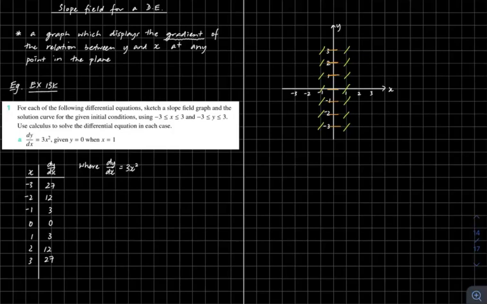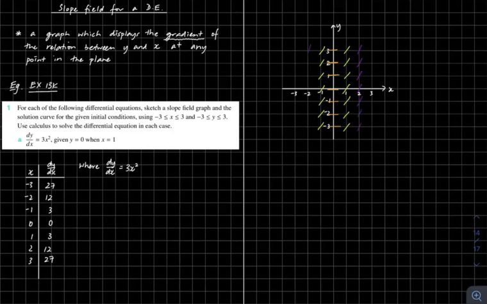Then I could say when x is +2 or -2, the gradient's going to be +12. Okay, well, +12 is a pretty steep positive line. Having said that, it's not as steep as +27, so I want to still give myself a little bit of scope to show the difference.